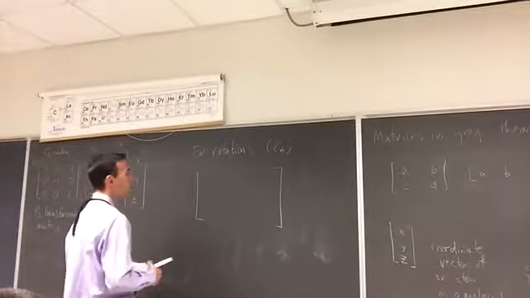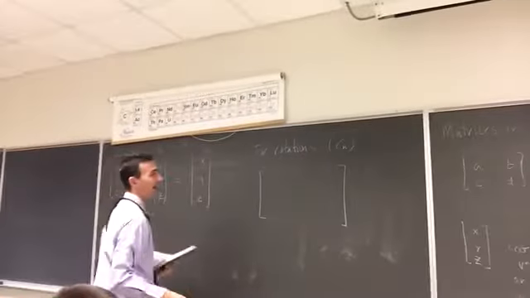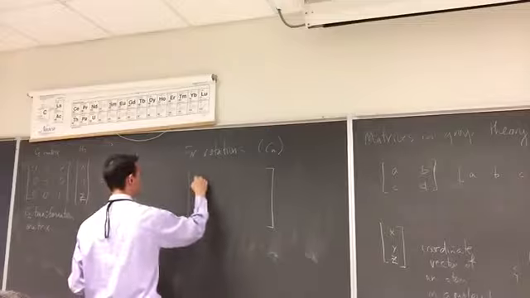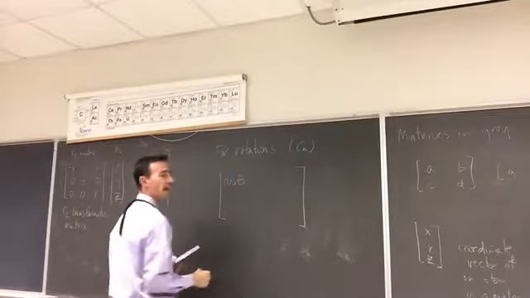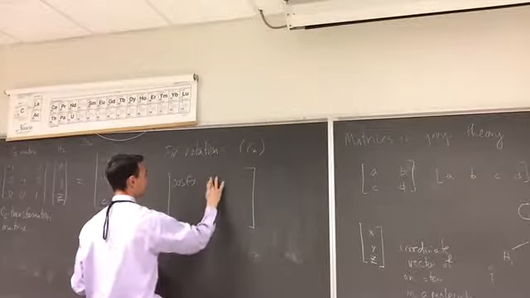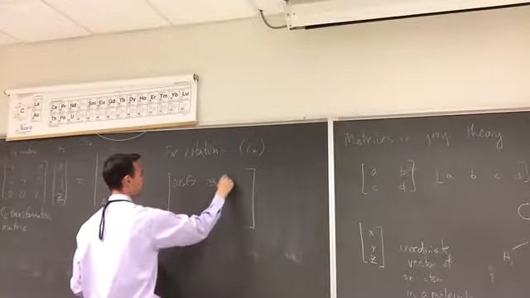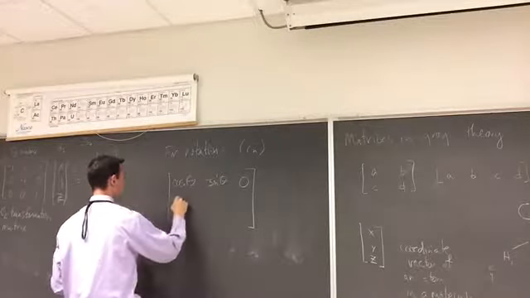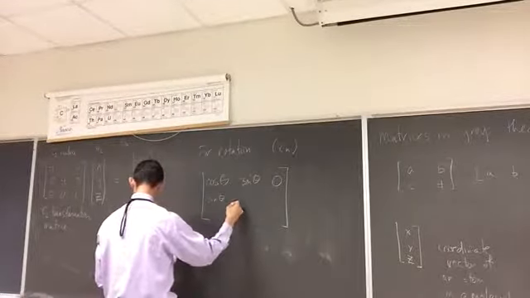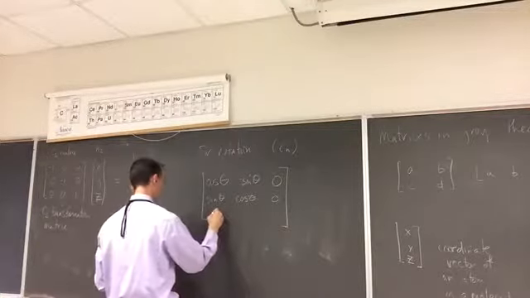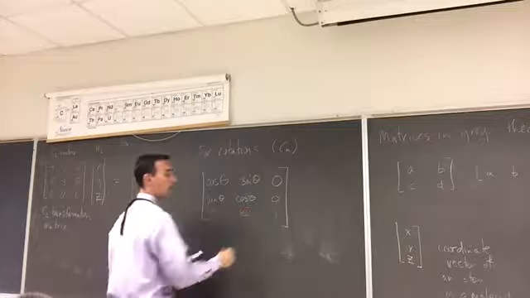The general way to get the values for any C3, C4 would be to take the cosine of theta, the angle of rotation, and then the second position is the negative sine of theta, 0. Second row is sine of theta, cosine of theta, and 0. And the third row is 0, 0, 1.